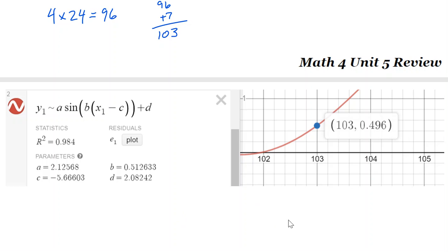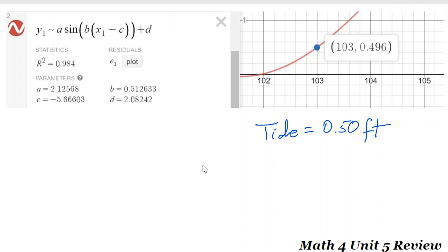So I would say that the tide would be at 0.50 height, feet. I'll clean that up. All right, so that's the anticlimactic ending to that one.